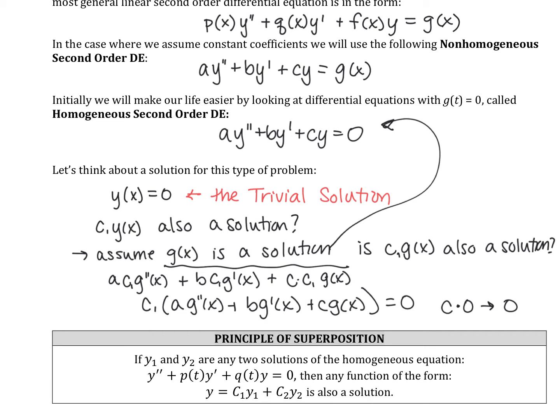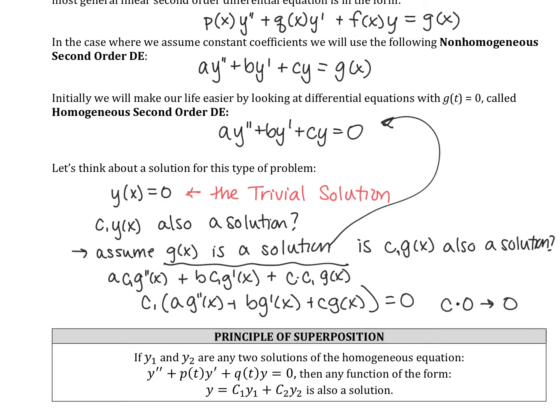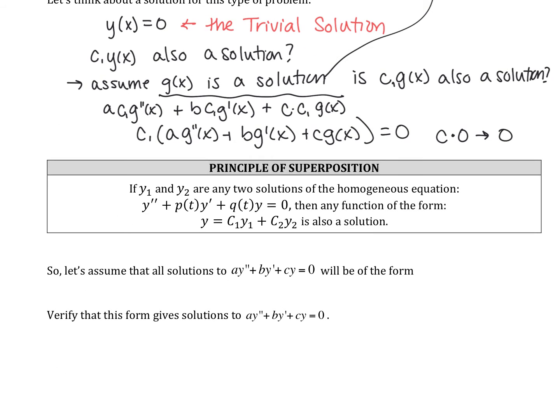But it takes it a step further and says that we can add the two solutions together, multiplied by their constants, and they will also be a solution. So if we know y1 and y2 are solutions, not only is c1 y1 a solution, some constant times y1, but if we know y2 is a solution, c2 times y2 is also a solution. And then the principle of superposition says that we can add them together.